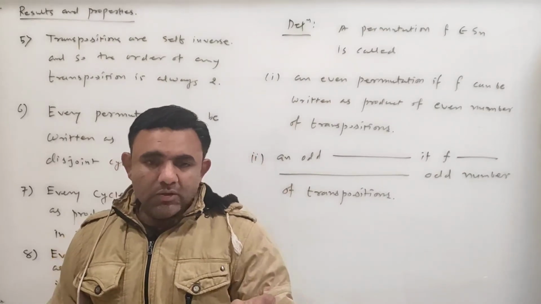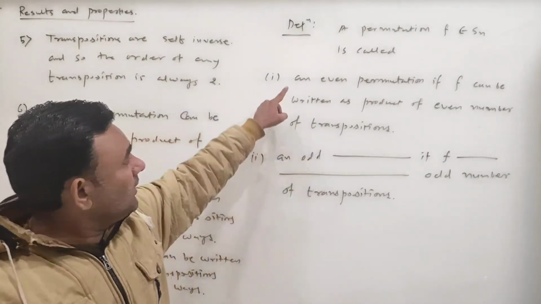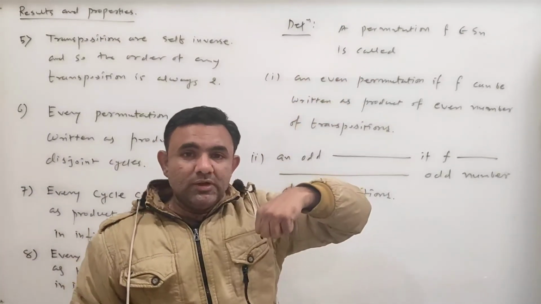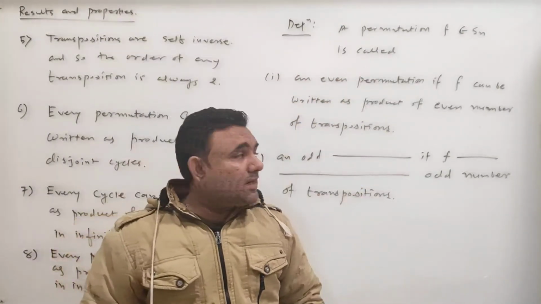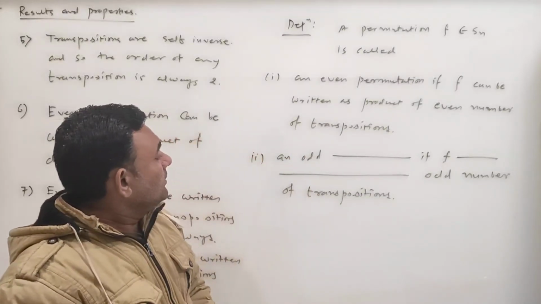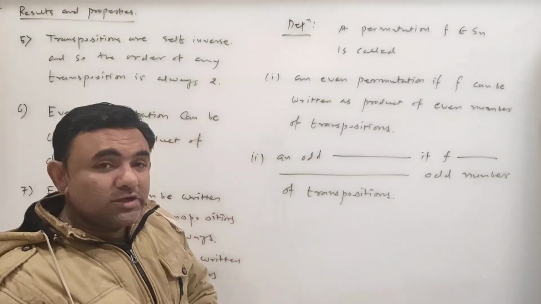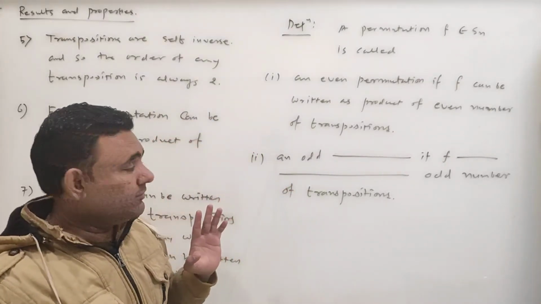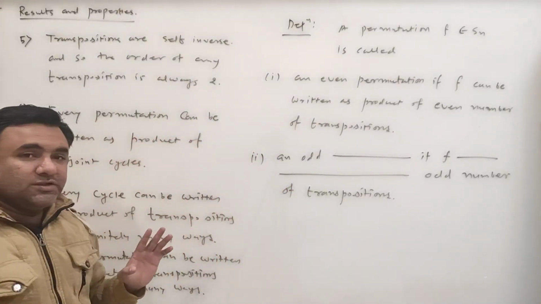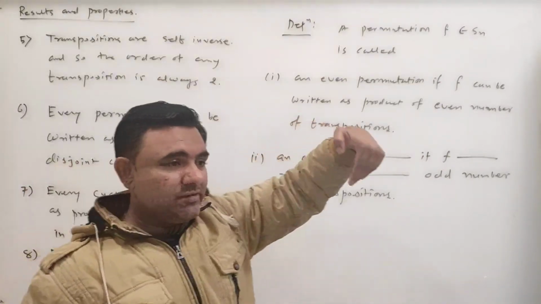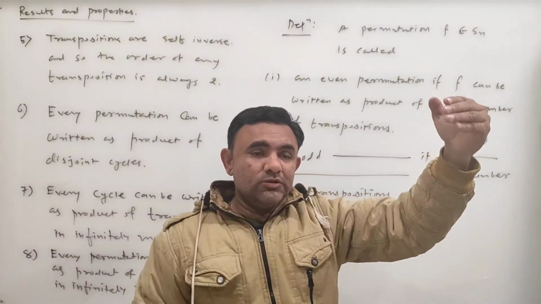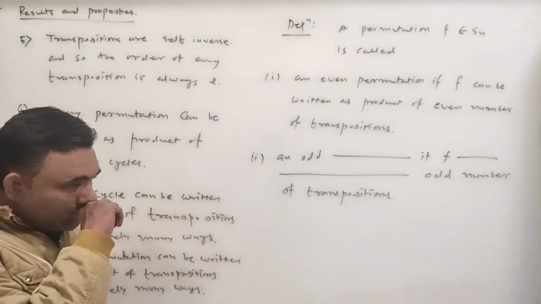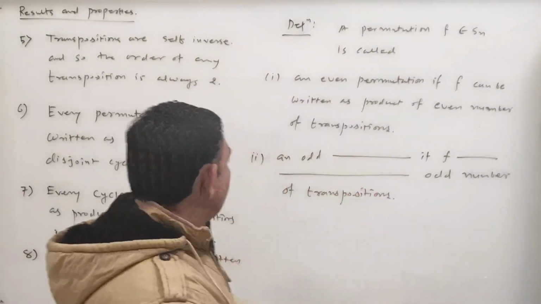If that number of transpositions is even, then I will say my permutation is even permutation, and if the number of transpositions required to represent the permutation is odd, then I will say it is my odd permutation. So I hope this is clear. So in the previous example we required 4 transpositions, so it is an even permutation.